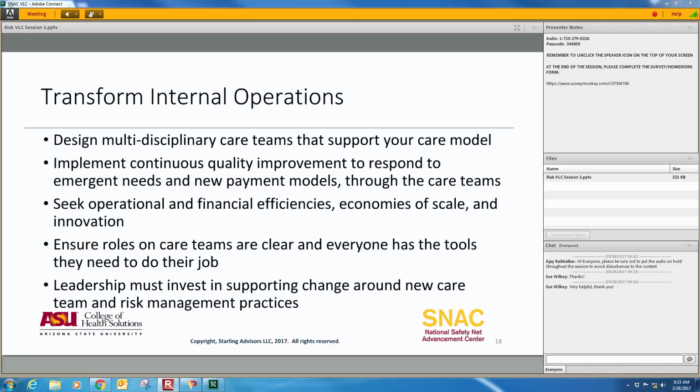And so it's really important that we don't get stagnant in a particular model, that we're constantly working together and through our care teams to identify how things might need to shift or iterate.